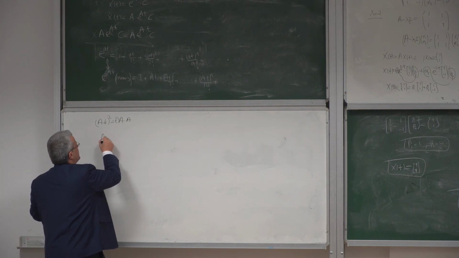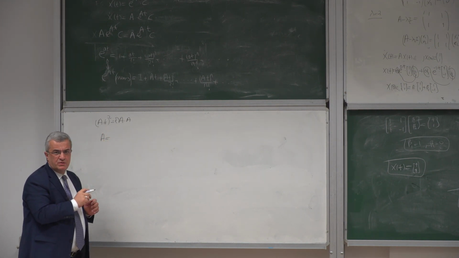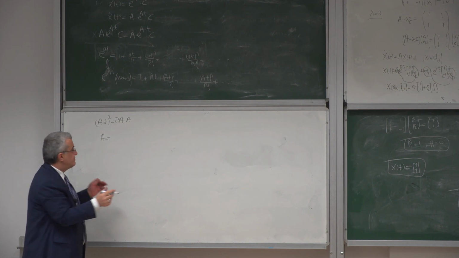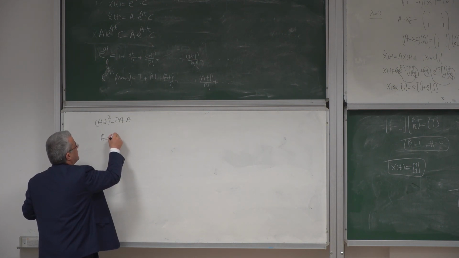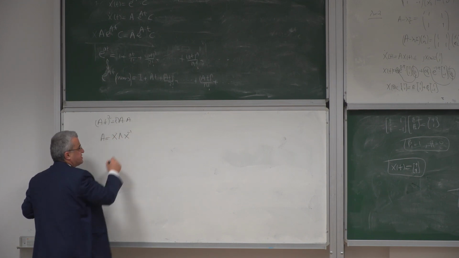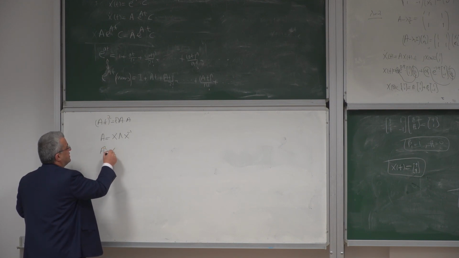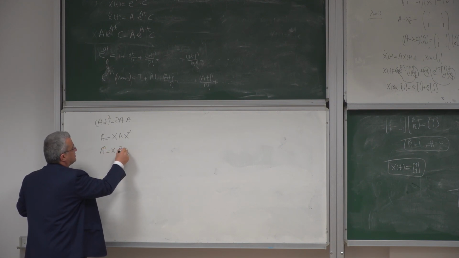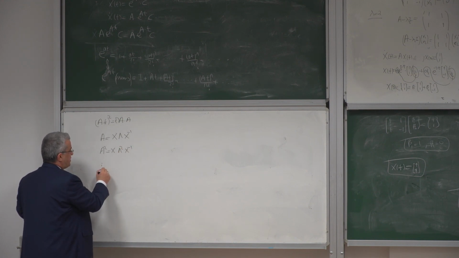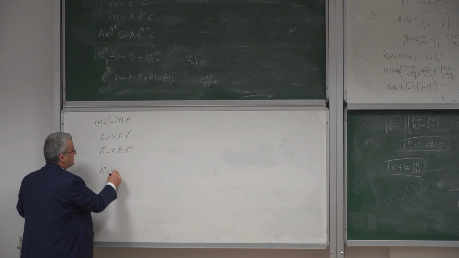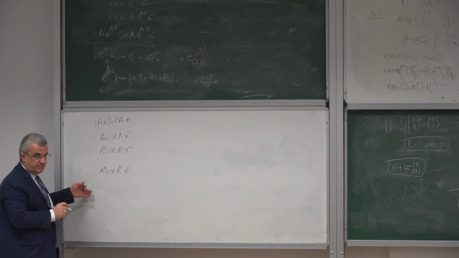So if you have eigenvalue decomposition of the matrix, then what would that mean? That would mean A equal to X, lambda, X inverse, isn't it? So A squared is X, lambda squared, X inverse. A to the power n is X, lambda to the n, X inverse. Right?